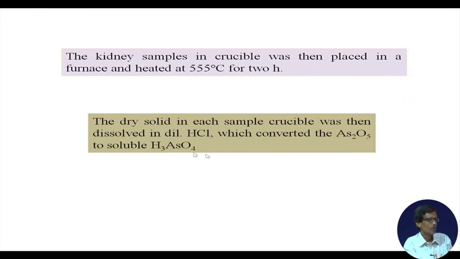We know that the anion AsO4 3 minus is the corresponding arsenate ion. So, this is the arsenic acid which gives us the arsenic present in the pentavalent form.